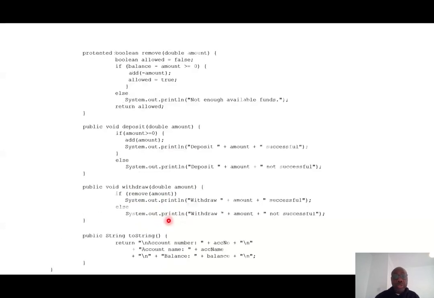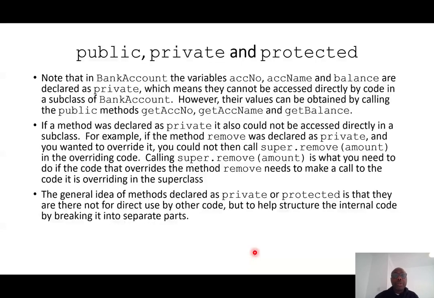So let's continue. You have another method, a boolean, remove, and another to deposit. As you know, in a bank account, you deposit money, you remove money, that is, you withdraw money, and then you can manipulate the bank accounts.